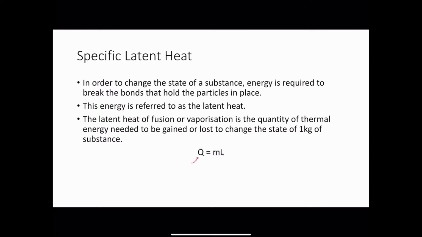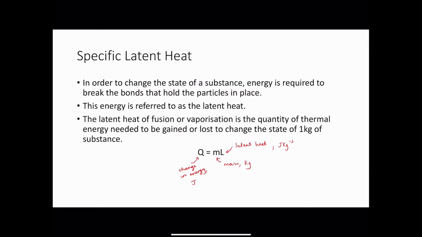And once again, Q is our change in energy, M is our mass, and L is our latent heat. So a little bit easier in terms of using our equation.